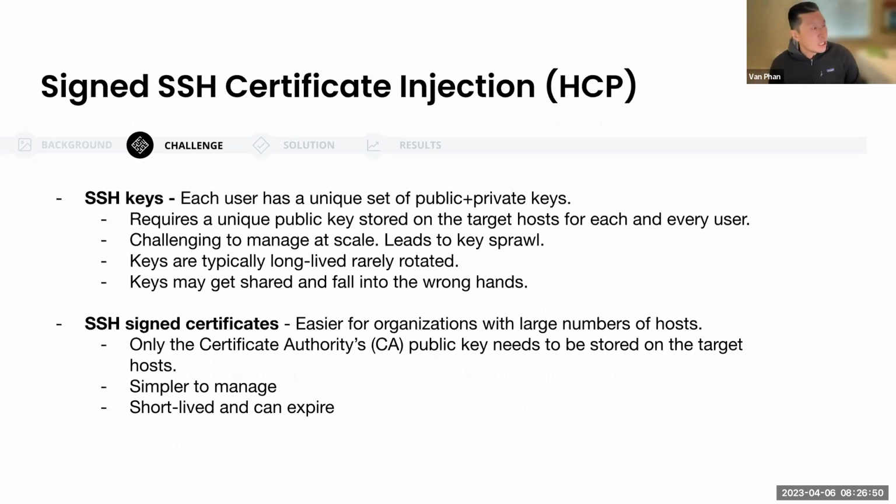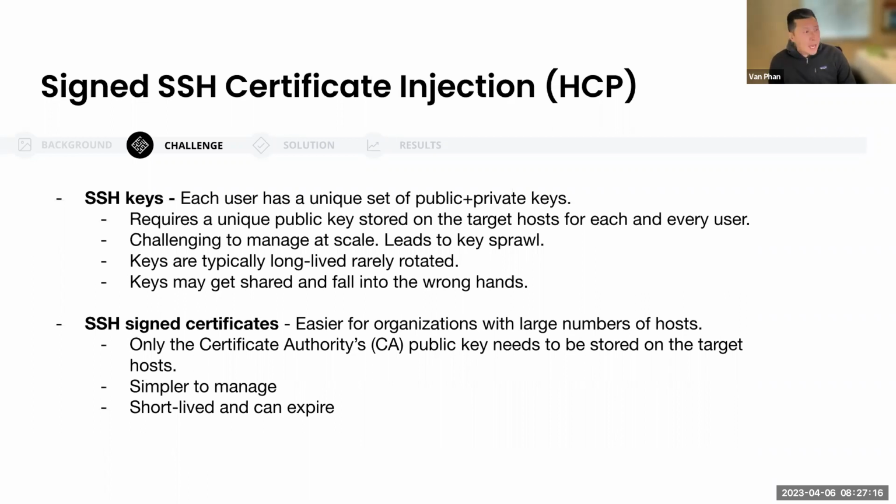So with SSH signed certificates, it makes it a lot easier for organizations with a large number of hosts and users, because you only have to copy the certificate authority's public key into the host, not a unique public and private key for every user and host like you would with SSH keys, right? So it's just a single public key for every host.